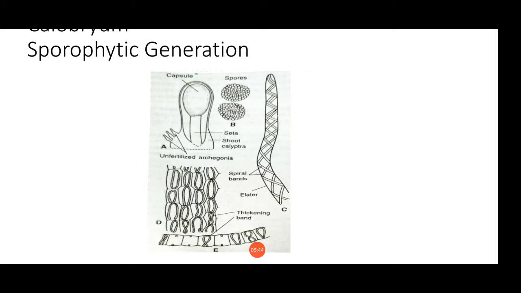The calyptra is massive and it is also termed the shoot calyptra. The sterile archegonia are elevated on the shoot calyptra.